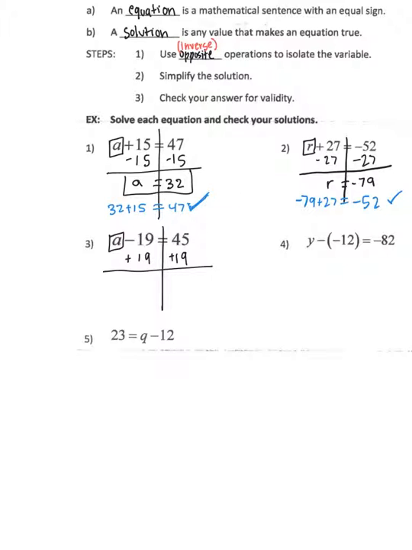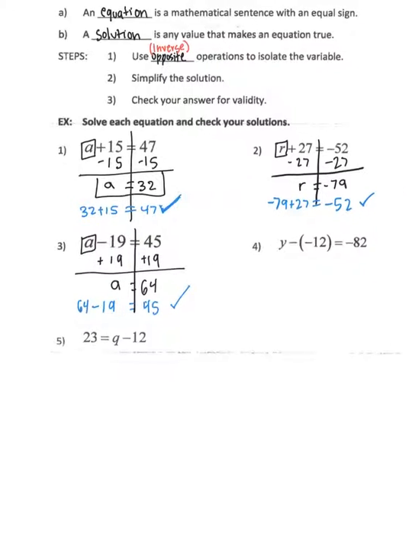Negative 19 plus 19 is 0, so I'm left with a on this side, and I get 64 on the right side. 45 plus 19 gives me 64. Let's plug it in, make sure we got it right. 64 minus 19 does indeed give me 45.